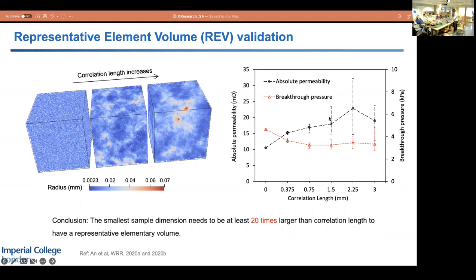So from this one, we did 10 realizations, and until here, after that we think the variation is not acceptable. So the conclusion is that to investigate the heterogeneity, the smallest sample dimension needs to be at least 20 times larger than the correlation length.